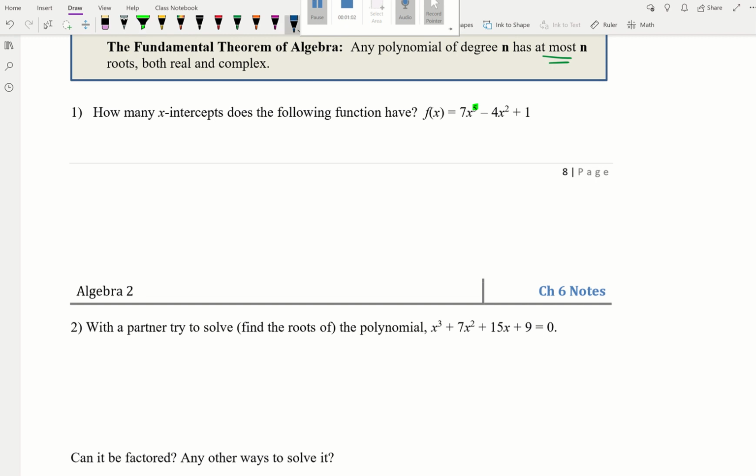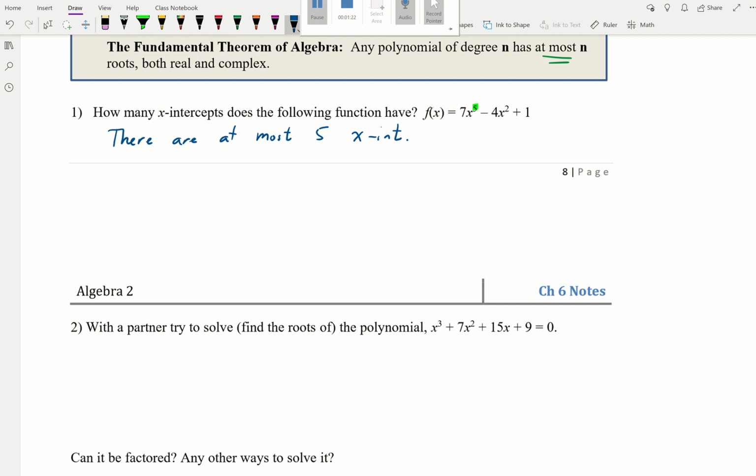Knowing the degree is 5 tells us there are at most 5 x-intercepts.